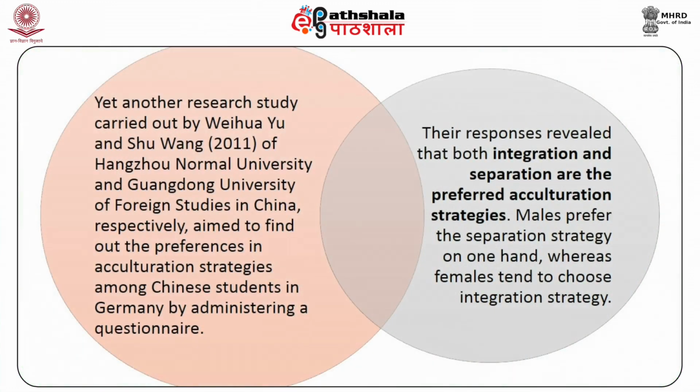Yet another research study, carried out by Weihua Yu and Xu Wang in 2011 of Hangzhou Normal University and Guangdong University of Foreign Studies in China respectively, aimed at finding out the preferences in acculturation strategies among Chinese students in Germany by administering a questionnaire. Their responses revealed that both integration and separation are the preferred acculturation strategies.